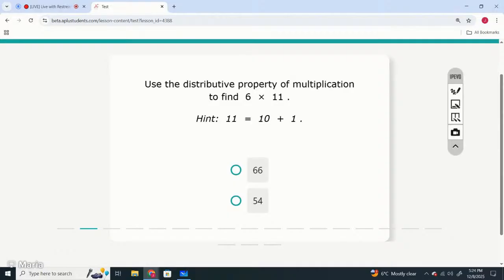Use the distributive property of multiplication to find 6 times 11.